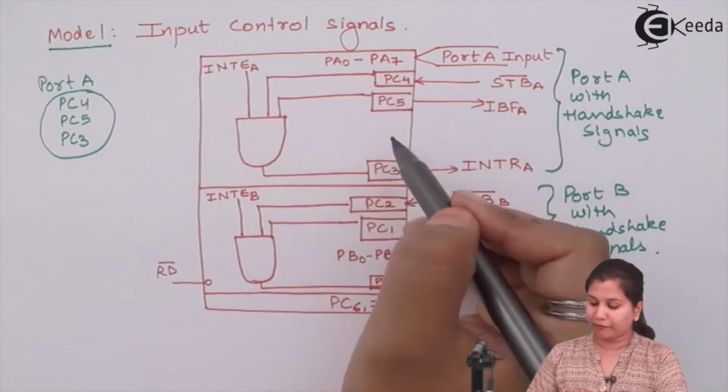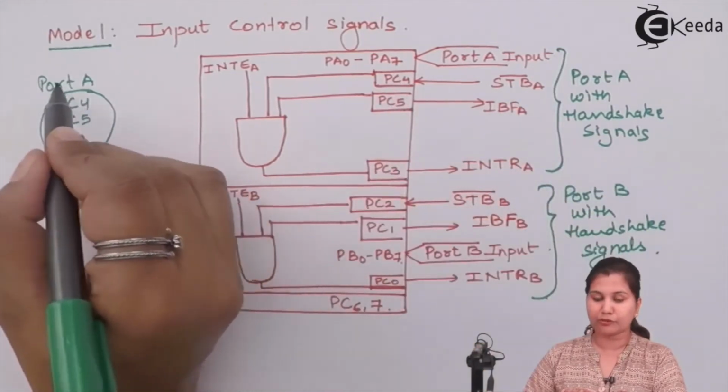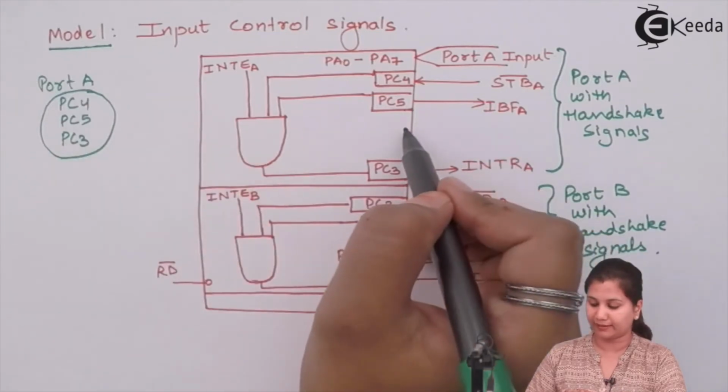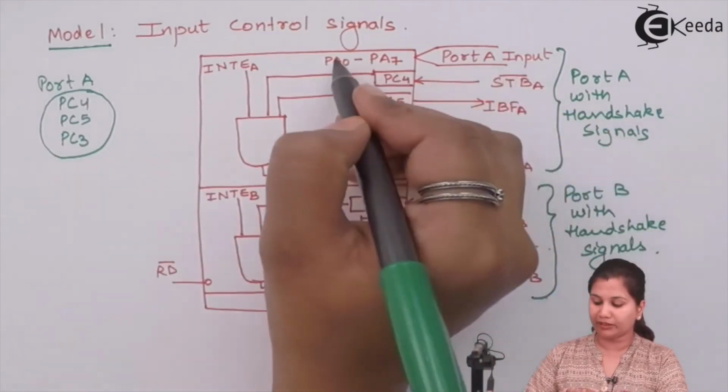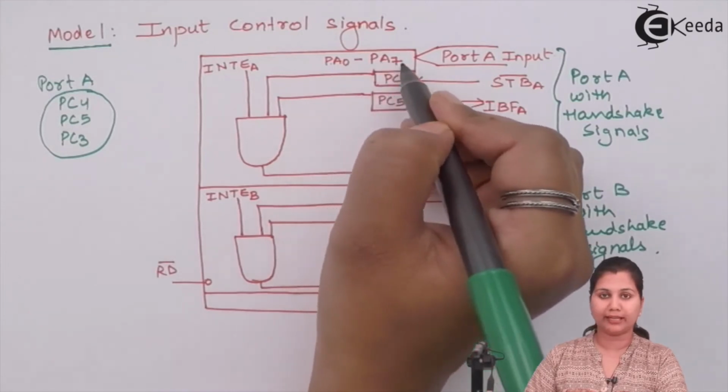PC4, PC5, PC3 lines are used by port A for these handshake signals. This is port A having the 8 bits PA0 to PA7.